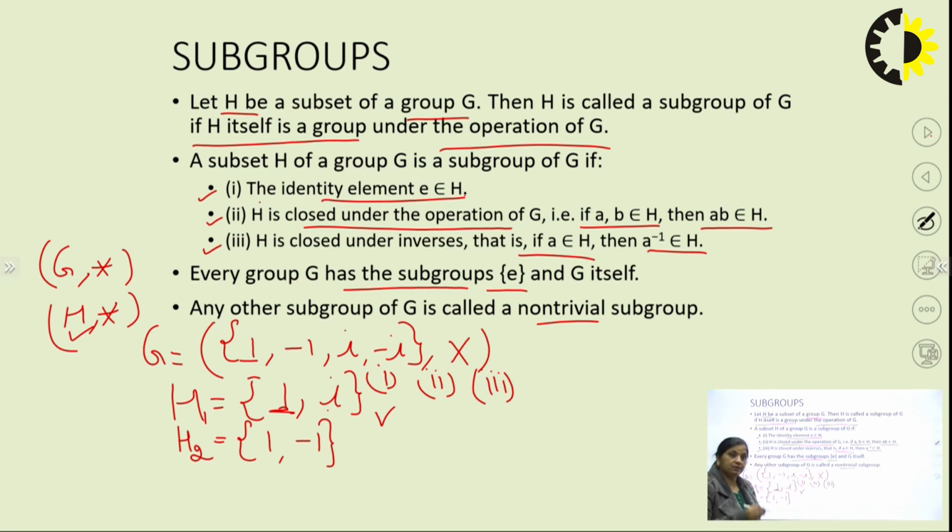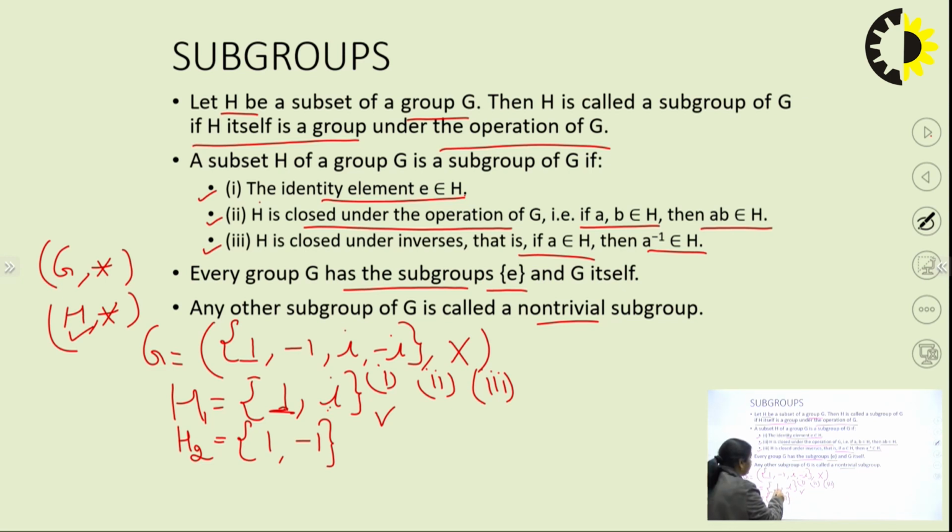Now, what is the second condition? The second condition says that it should be closed under the operation of G. What is the operation of G? Multiplication. So I need to check whether the operation is closed for this particular subset or not. If I multiply 1 into iota, iota is there. If I do 1 into 1, 1 is there.